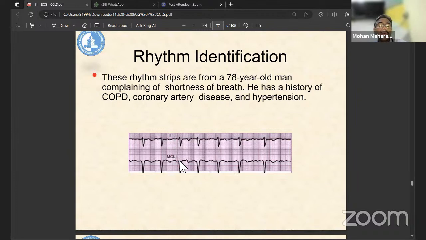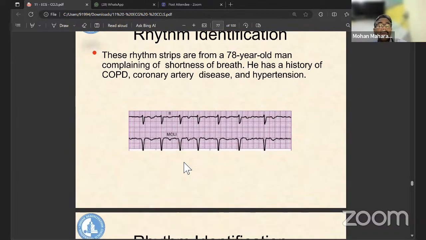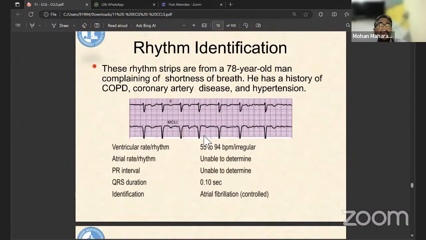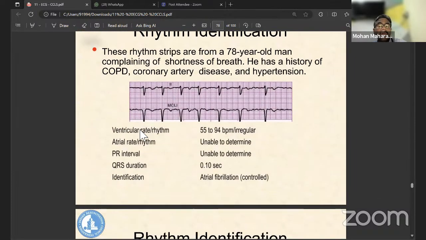Look at MCL: ventricular rate 55 to 94, atrial rate unable to determine, no PR interval, and no P wave seen.